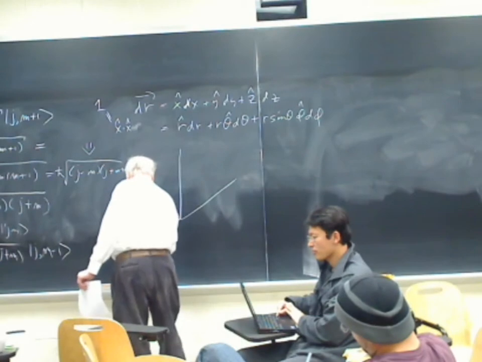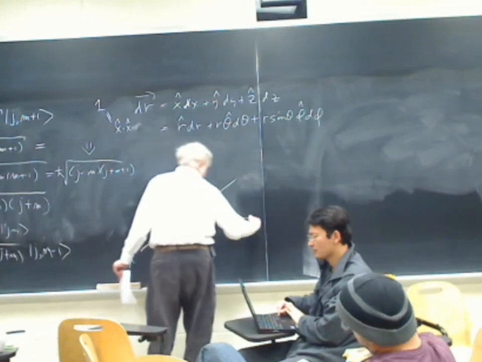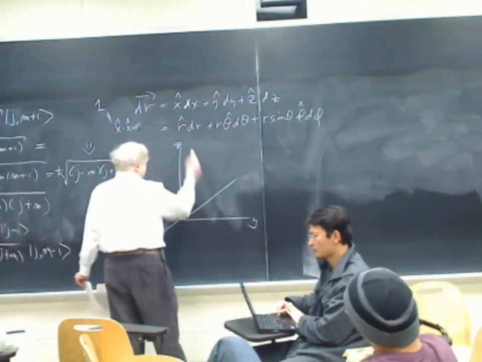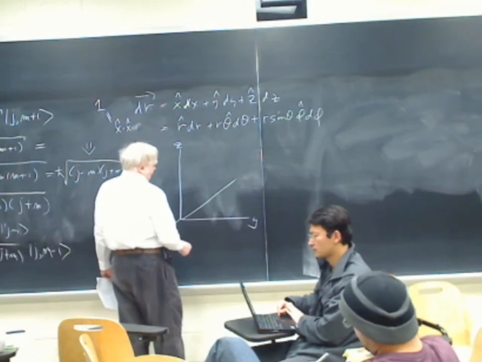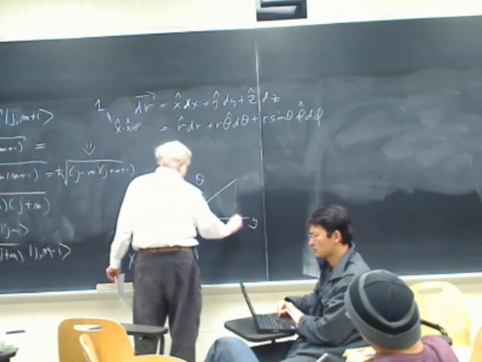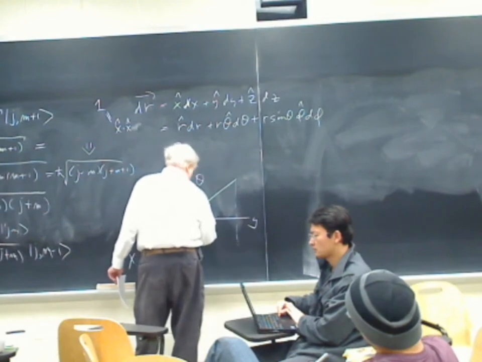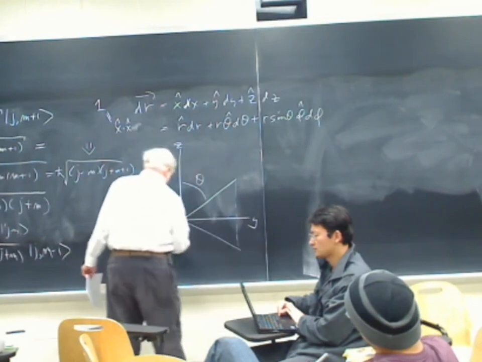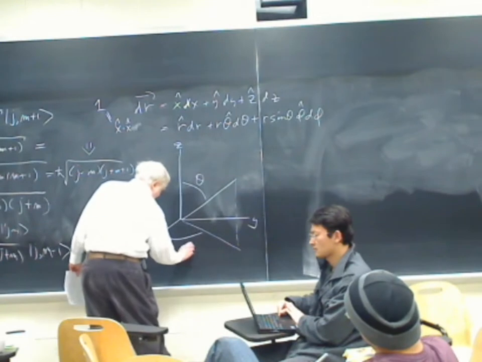We've got the x-axis out here, y-axis there. This is the z-axis. This angle here is theta. If you drop this down to the xy plane, then this angle is phi.